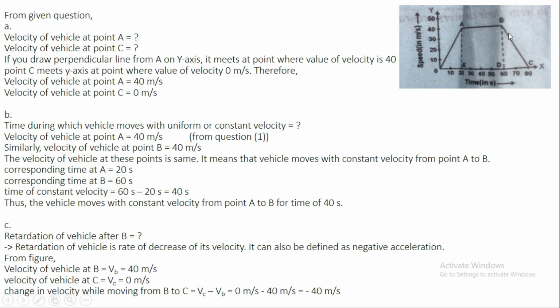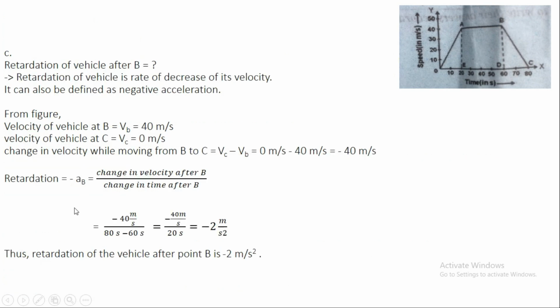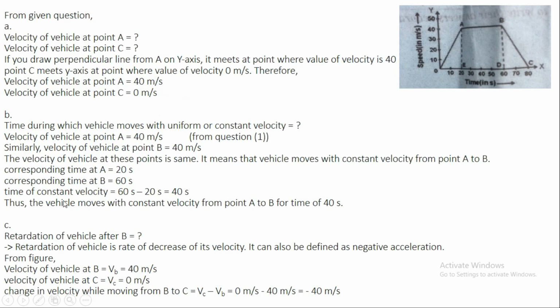The maximum velocity is 40 meters per second, and as the vehicle goes from B to C, the velocity decreases continuously, gradually, slowly. I have already told you the negative rate of change of velocity is retardation, so you have to find the change in velocity as a negative value.